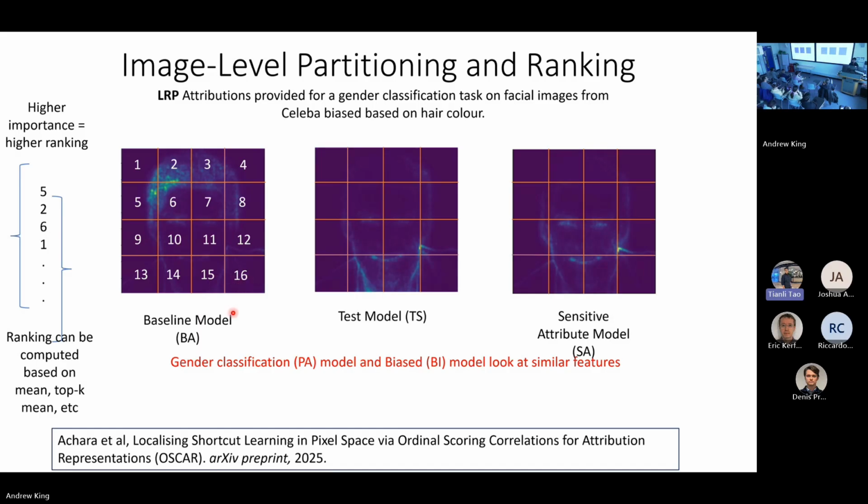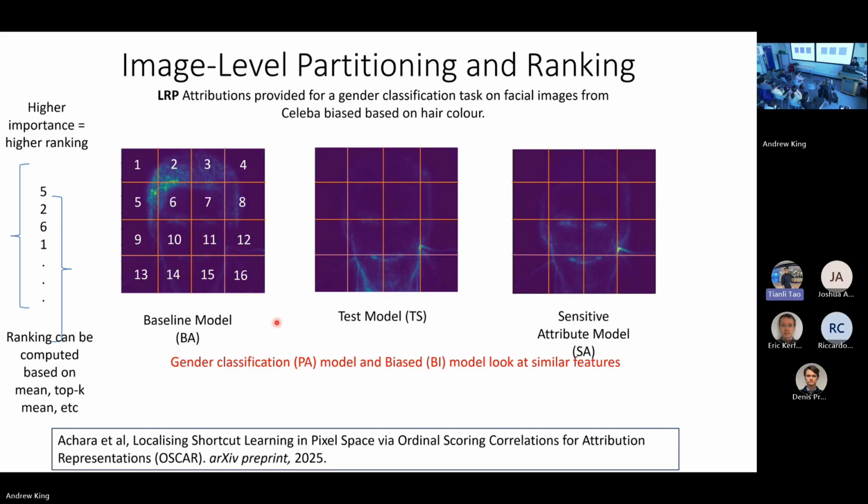So for each model, we rank the highest attribution regions per image. What we get is three different ranked lists, from highest to lowest rankings for the attributions from these three models.